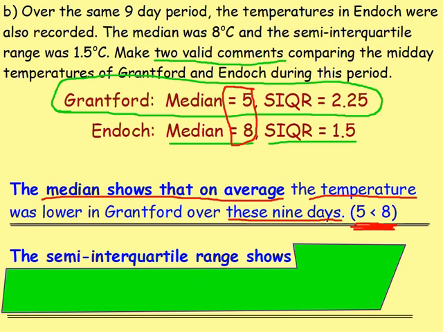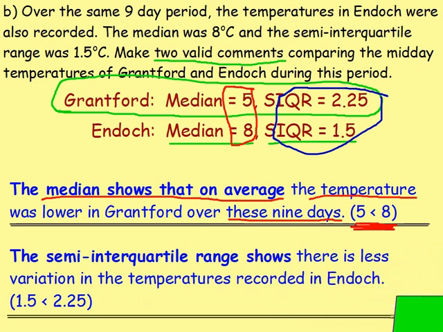So for this one, these are the numbers that you're looking at for the semi-interquartile range. You've got the 2.25 and the 1.5. So you can see that because 1.5 is less than 2.25, you can say that there is less variation in the temperatures in Endach. And you know that because the 1.5 is less than the 2.25.